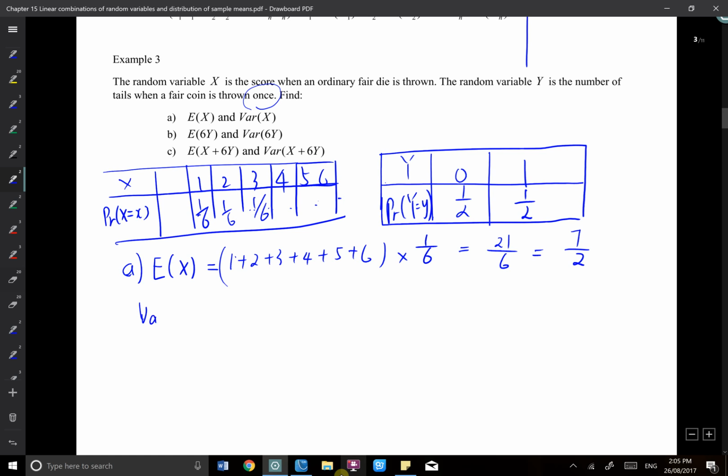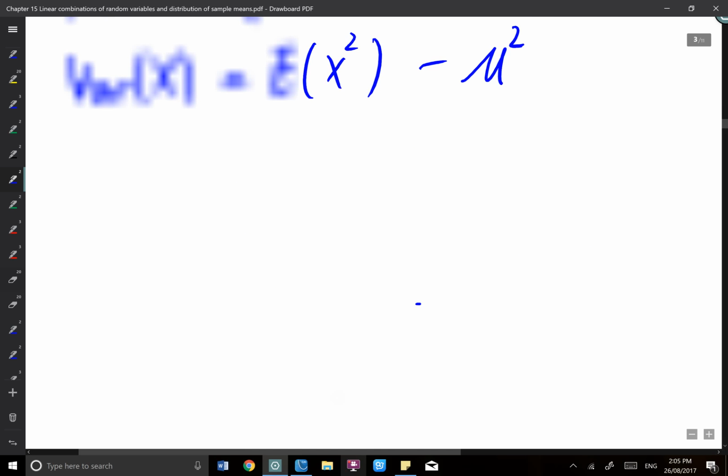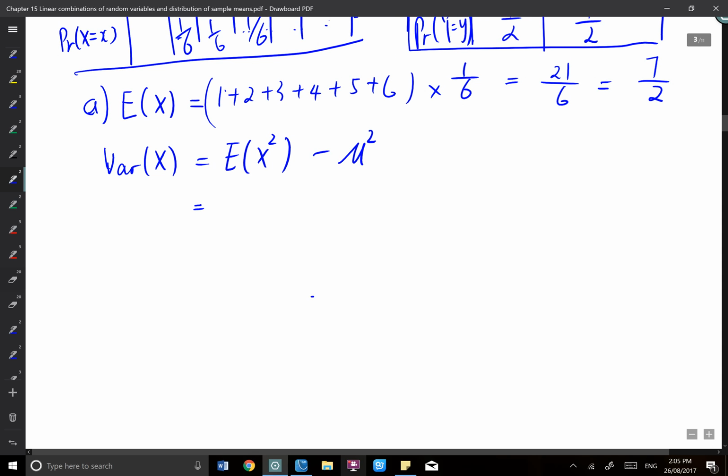If I want to know the variance of x, I need expected x squared minus expected x squared, that is mu squared. How do I find expected x squared? Squared x values are 1, 4, 9, 16, 25, 36. So you have 1 plus 4 plus 9 plus 16 plus 25 plus 36, times 1 on 6, minus 7 on 2 squared.